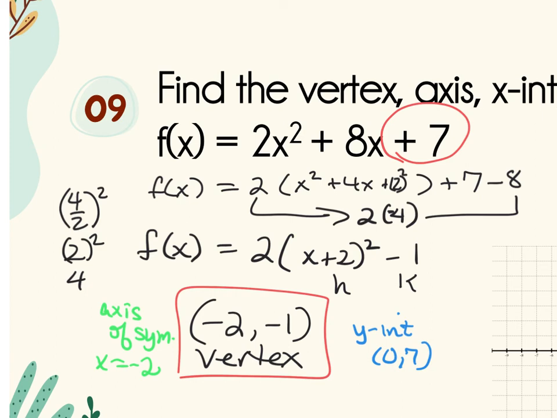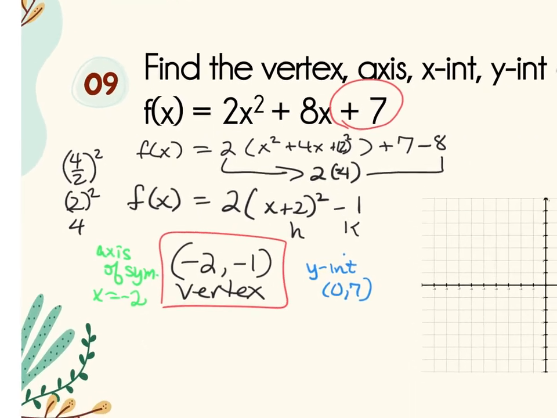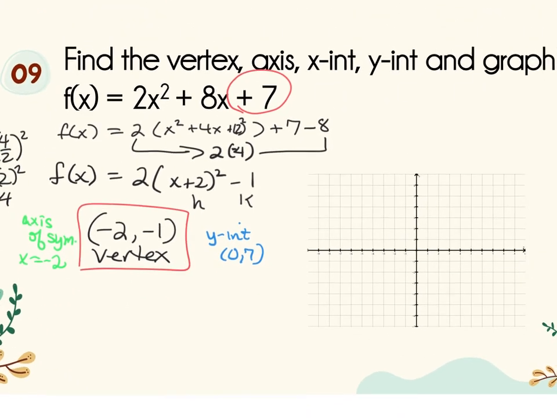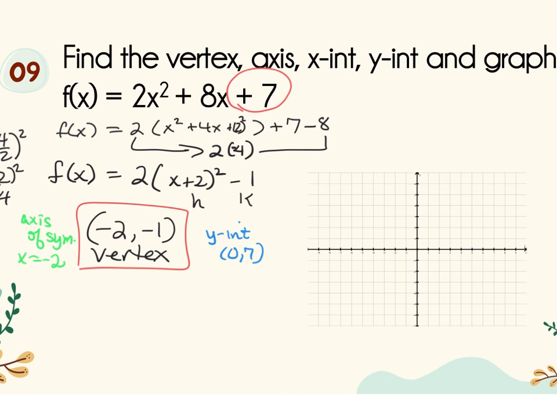Let me go ahead and get these three things put on the graph so we can make the shape of the parabola. And then I'm going to go back and find the x-intercepts. Again, my vertex is at negative 2, negative 1. My y-intercept is at 0, 7, way up here.